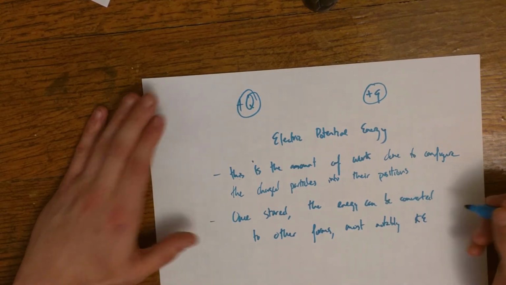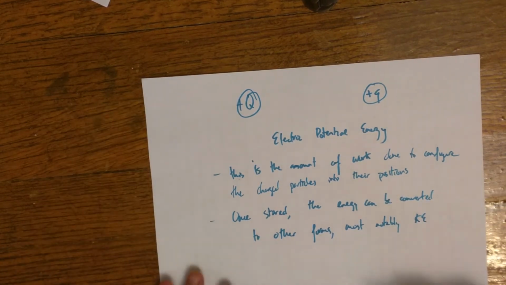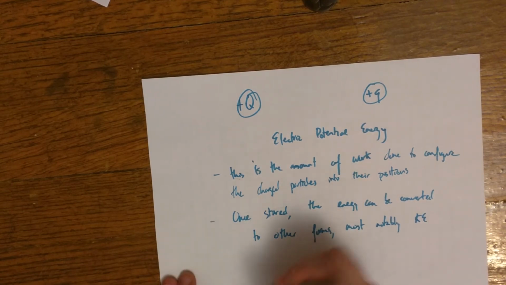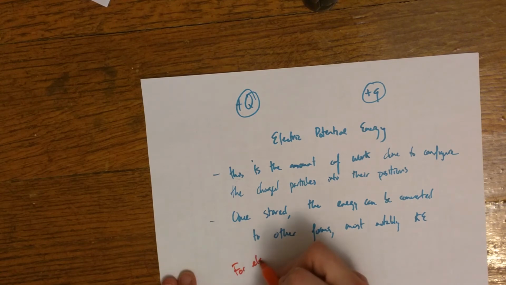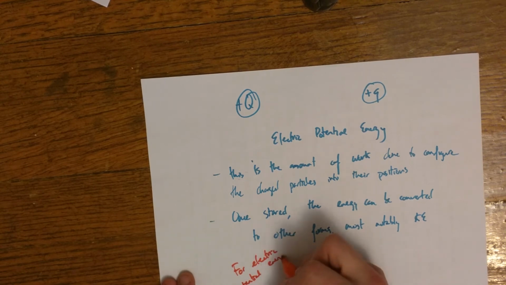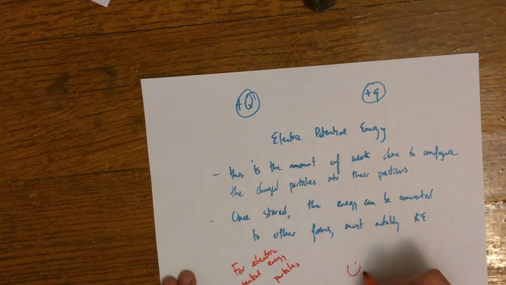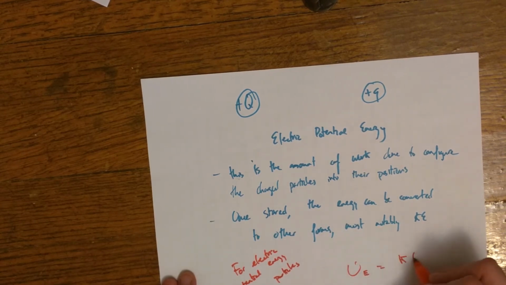The particles will speed up. And so, writing a mathematical expression for electric potential energy between particles, we have UE equals KQq over r.